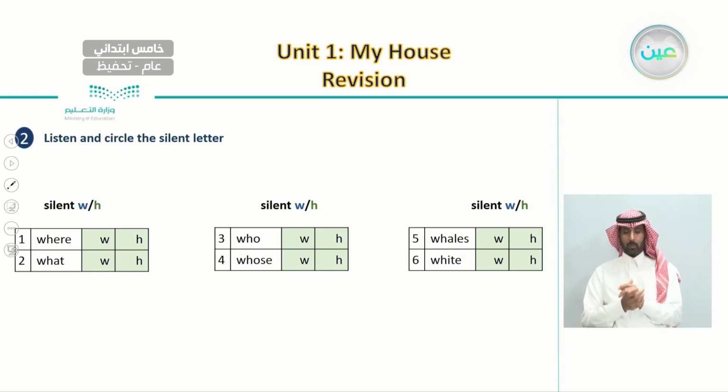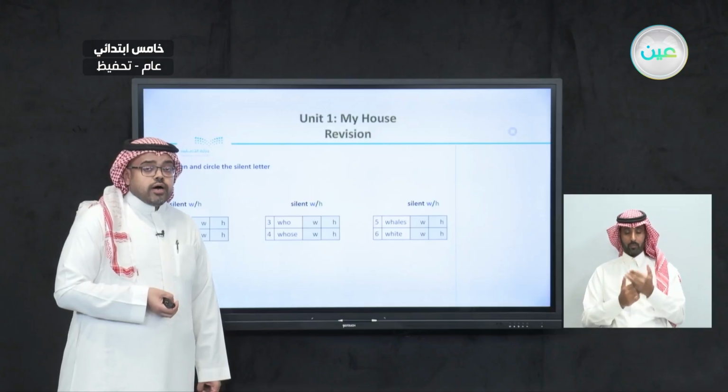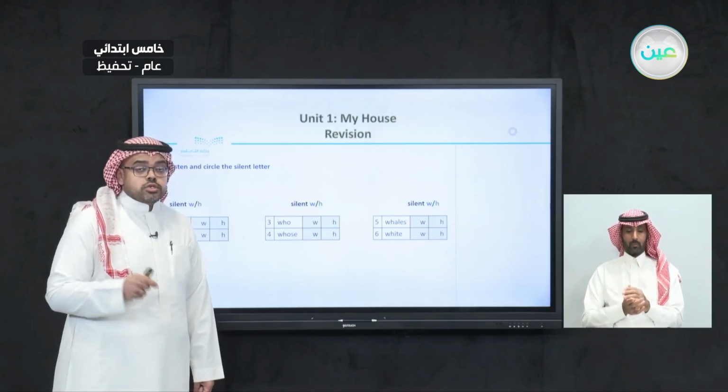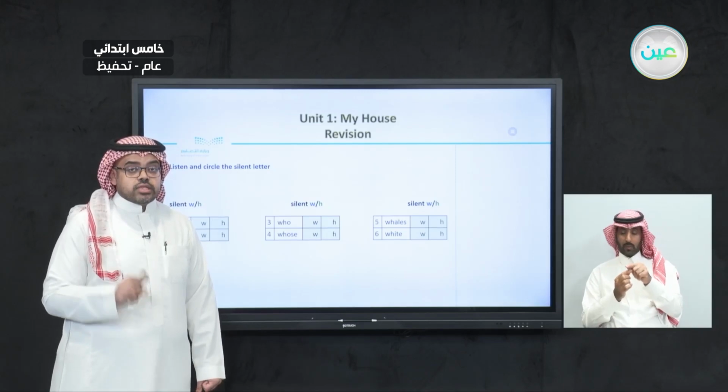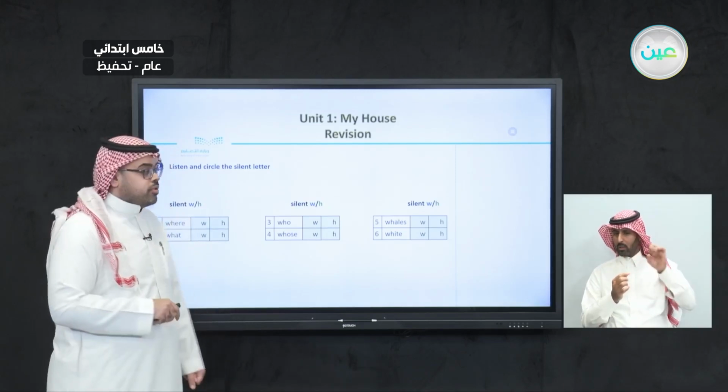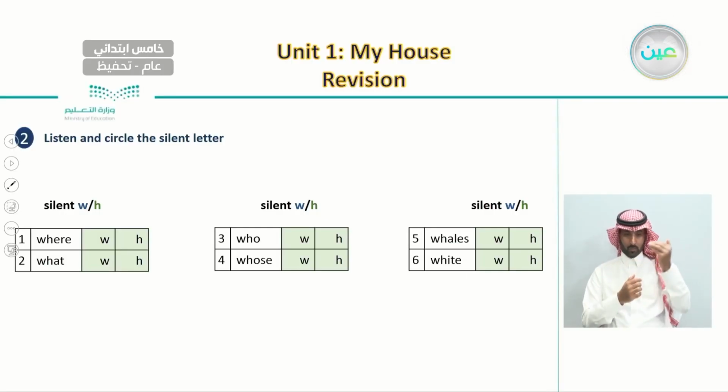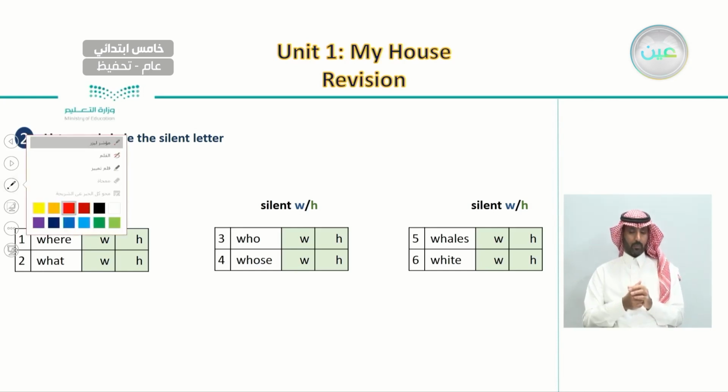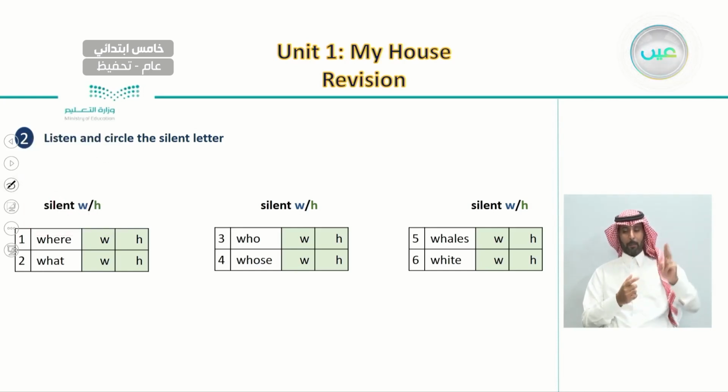So in one of these words we pronounce W, but we don't pronounce H. And in one of these words we pronounce H, but we don't pronounce W. So what we're going to do now is circle only the silent letter. So, for example, let's have a look at the first word here, which is the word where. Where.